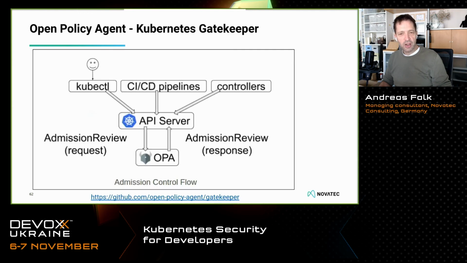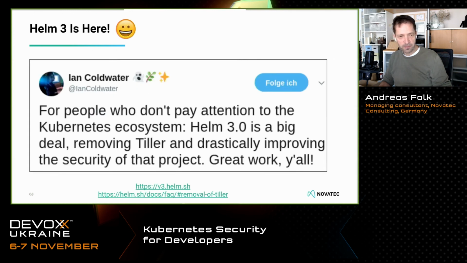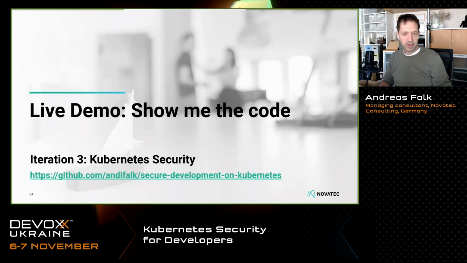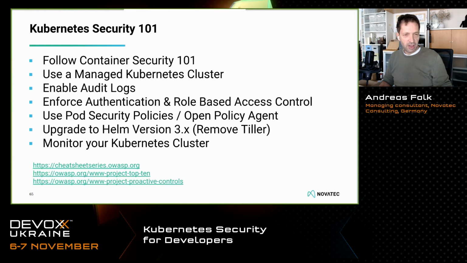And then you can install a Kubernetes gatekeeper that uses the open policies as an admission controller and then always checks each and every deployment here. Also check if you're using Helm 3, because Helm 2 is also playing root on your system. So we will skip that for time reasons.